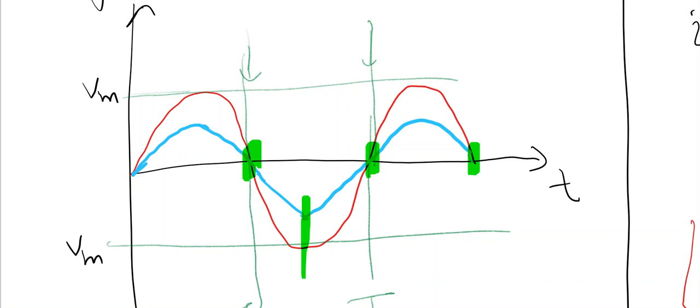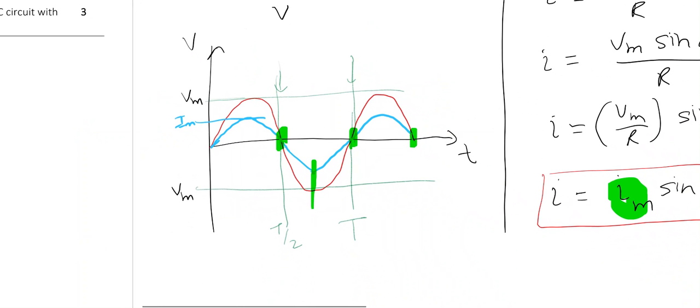So we say that voltage and current both are in phase. They are going up and down together. And what is the maximum value of current? It is Im. What is Im? Vm by R. Okay, this is the maximum value of current.